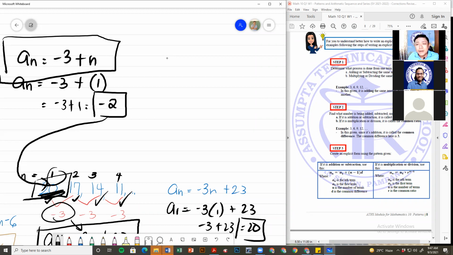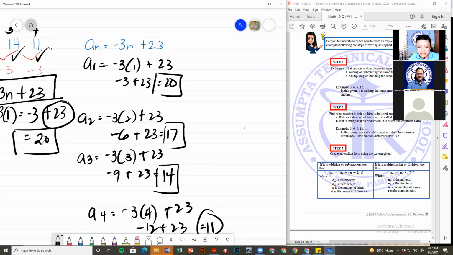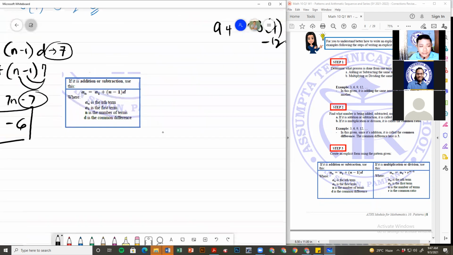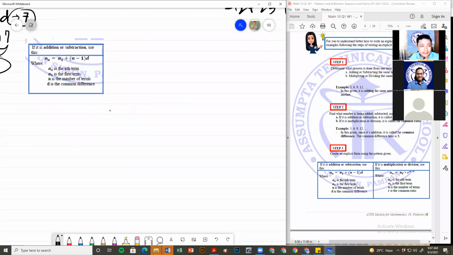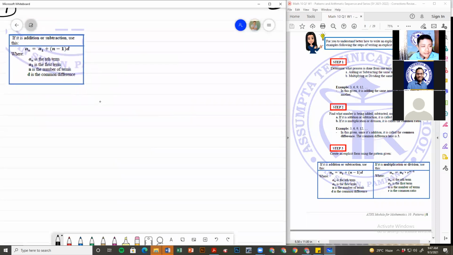Okay? Now, if ever you're having difficulty with the process I taught you, then you can go back to our formula. Balik na tayo dito sa tinuro kanina ni Mar Wilson. Ayan. Through the use of this formula. Okay? The given a while ago was 20. Ito, this is for all na.